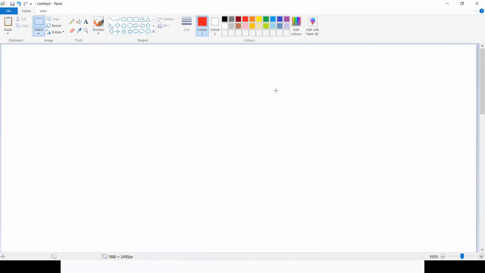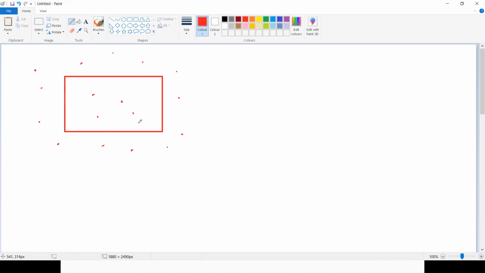Let us say we have this window, and we have some discrete points placed around it. We want to clip the region shown by the red colored rectangle.